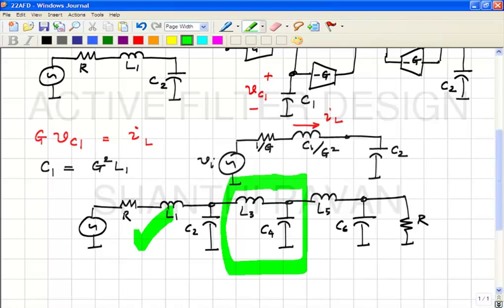This is nothing but the original LC network. Topologically it is the same thing, except that there is no R. If there is no R, what is R? R is 0, isn't it? If you take this character and put R equal to 0, you will get simply an L1 C2. Okay.